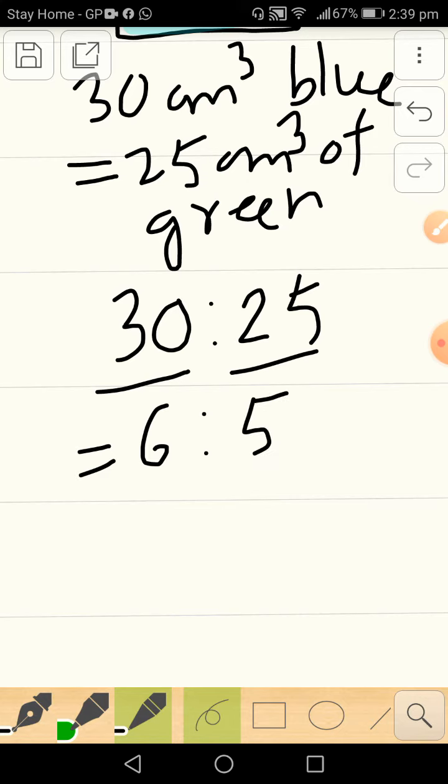So now we know in what ratio the two solutions will react: 6 blue and 5 green.